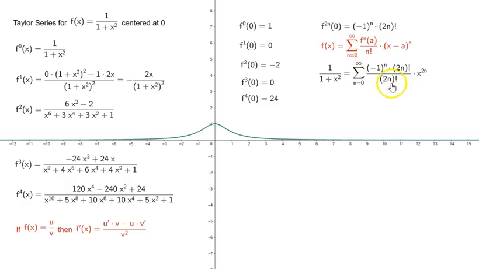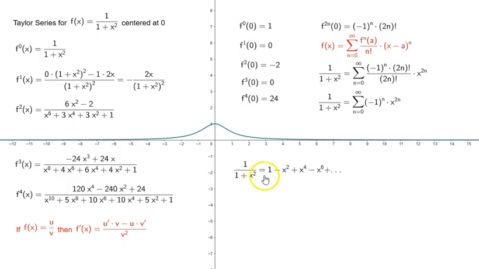Now the denominator is 2n factorial because we are skipping the alternate terms. So this becomes the summation as n equals 0 to infinity of minus 1 to the power of n times x to the power of 2n. Here the 2n factorials cancel out. Now when we expand it, we get this.